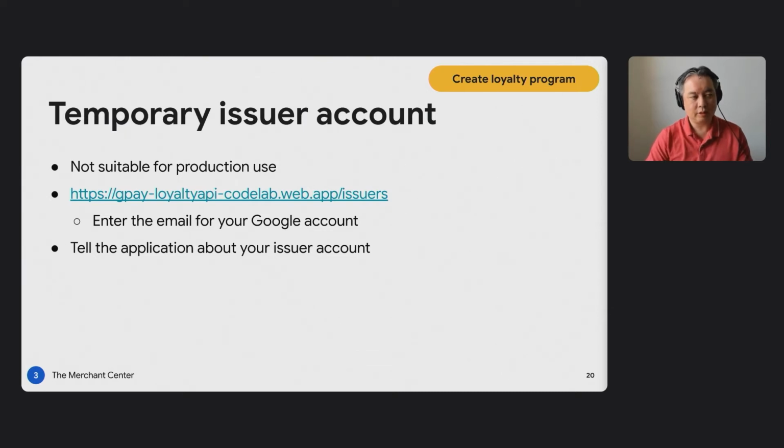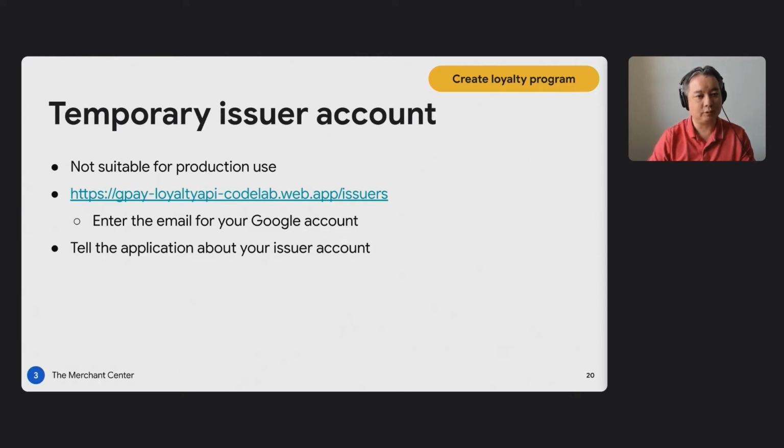A little information about the temporary issuer account. It's something that's created for the purpose of this code lab only. It's not appropriate for use in production. The link to create a temporary issuer account is there. It's also in the code lab. I'll switch to the window shortly to go through it. What we'll be doing is creating a temporary issuer account with the Google account that you're using to complete the code lab.